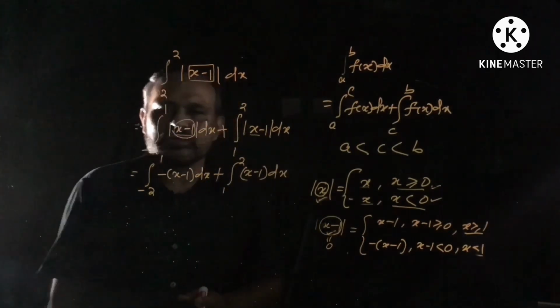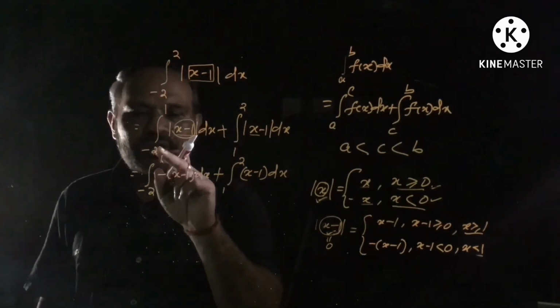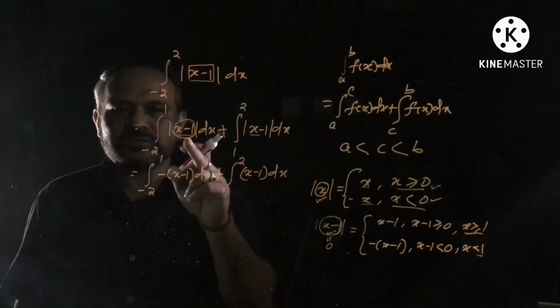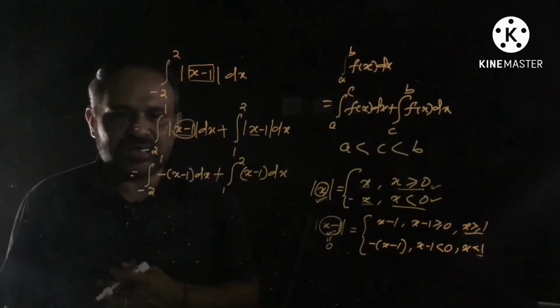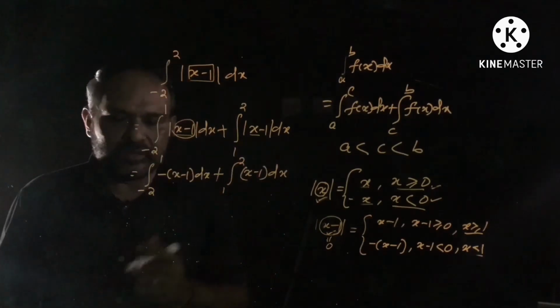So to know the sign of the modulus function, put any value between these two intervals. If the value is negative, then put a minus sign. If the value is positive, then write the expression as it is.